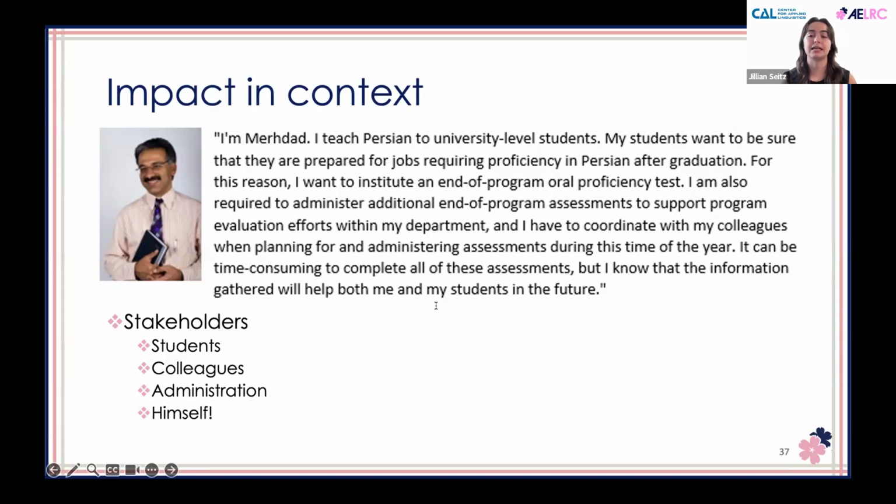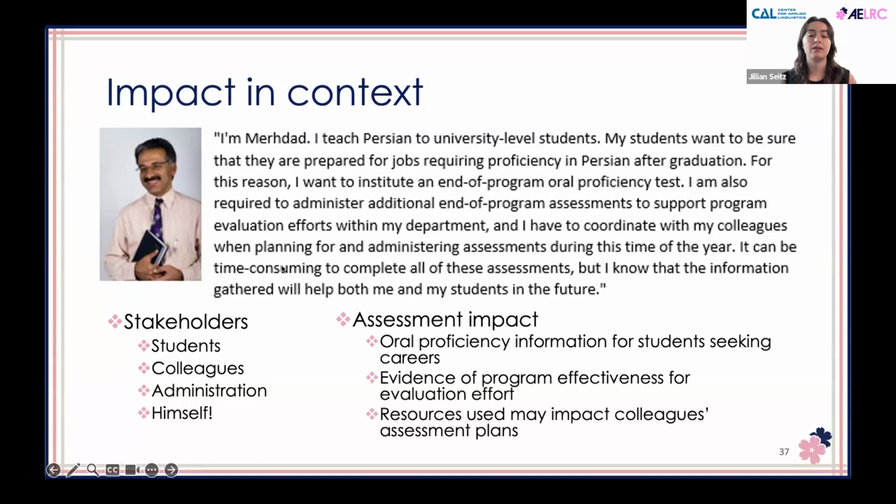Now, let's think about some potential assessment impacts for these stakeholders. Firstly, for those students who are looking to use Persian in their careers, this oral proficiency assessment will provide them with information about their language abilities before they undergo higher stakes assessments for their careers.